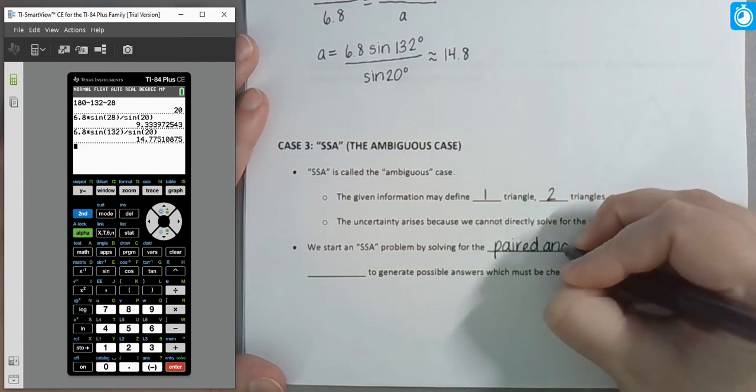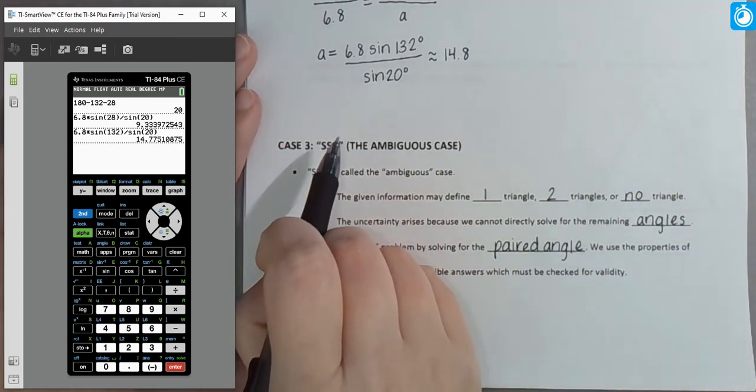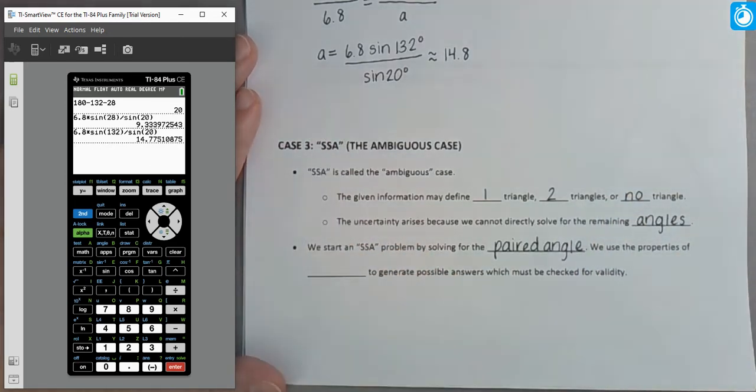What do I mean by that? Well, once we draw the triangle, you're going to find that the angle you're given pairs up with one of the sides you're given. So that means you have one additional side left. Well, the only thing you can solve for is going to be the angle opposite that additional side. So we always have to start by solving for whatever that paired angle is.